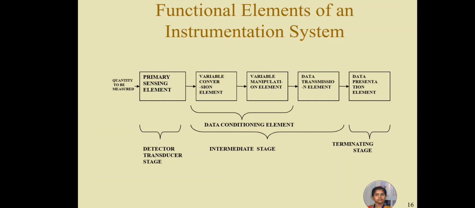The initial stage is the detector transducer stage, the variable conversion and variable manipulation is the data conditioning element, called the intermediate stage, and the final stage is the terminating stage, the data presentation element. These are all the functional elements of the instrumentation system.